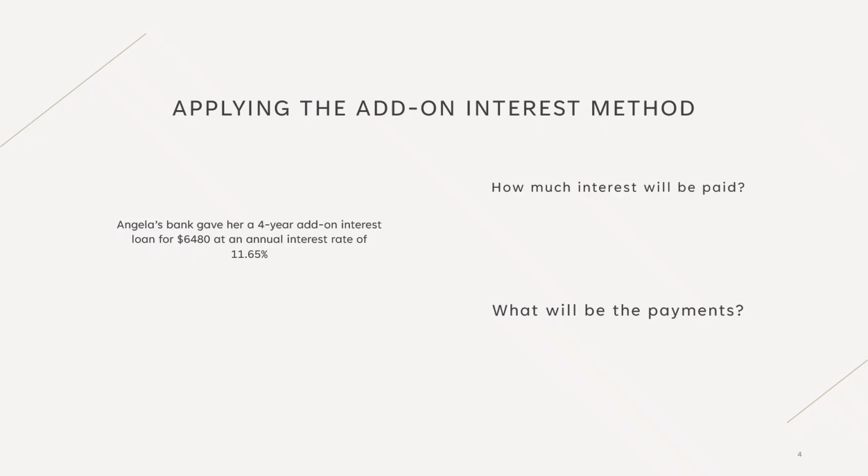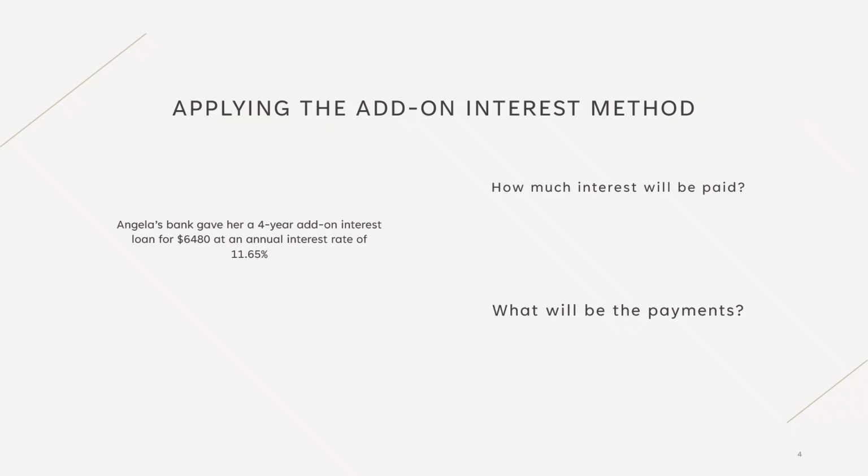So how about this? We have Angela, whose bank has given her a 4-year add-on interest loan for $6,480 at an annual interest rate of 11.65%.